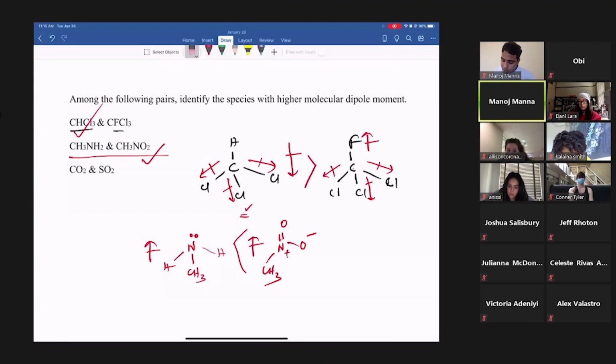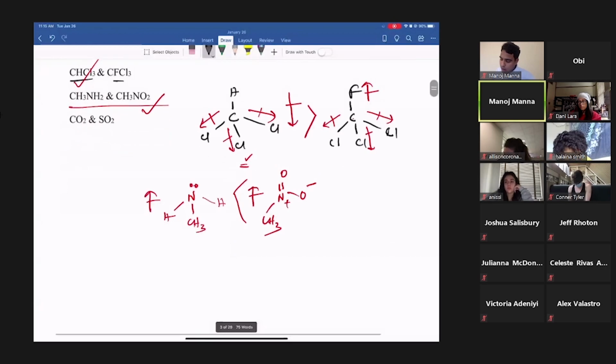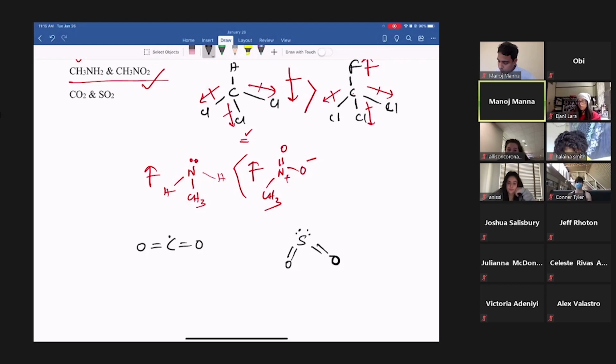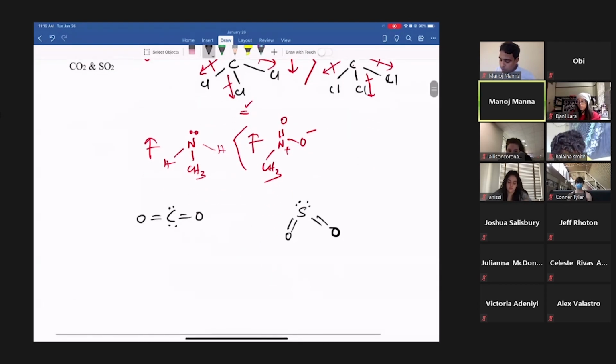Now this is a very interesting case, for carbon dioxide and sulfur dioxide. Carbon dioxide, C double bond O, and sulfur dioxide, S double bond O. Now both of them have 2 lone pairs. So which one has a high dipole moment? Based on our previous discussion, dipole moment in this direction, here this direction, here this direction.